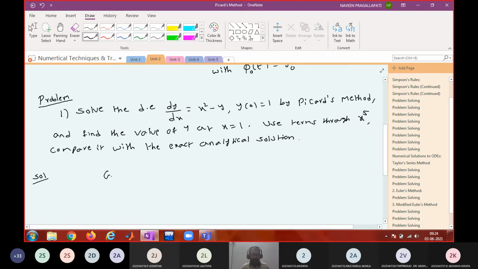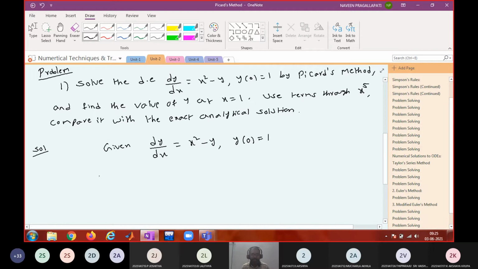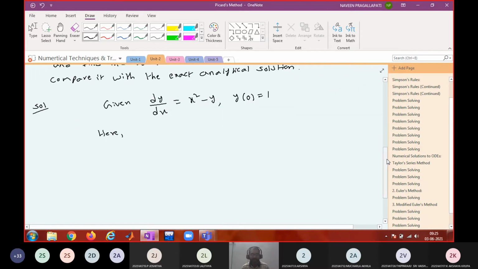So given dy by dx is equal to x square minus y with y of 0 equal to 1. Here, what is f of x comma y? F of x comma y is x square minus y.